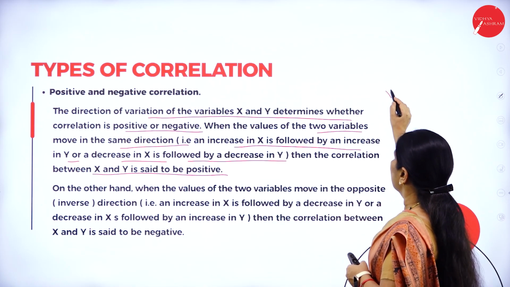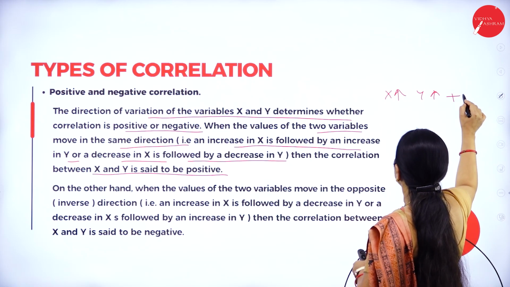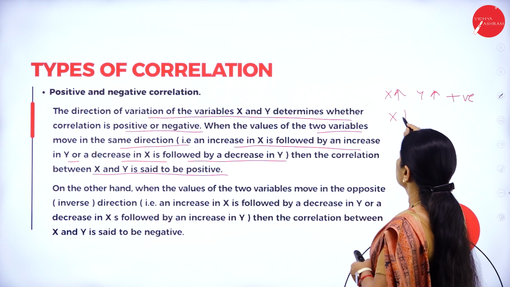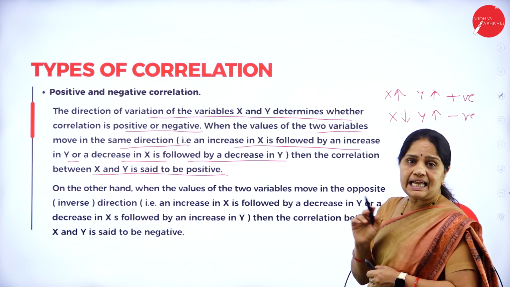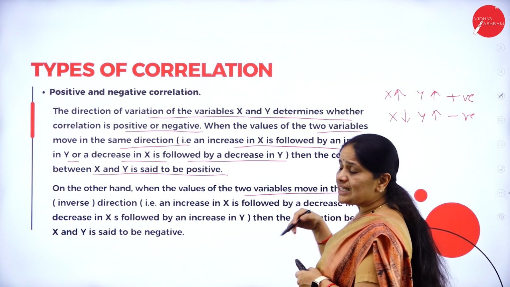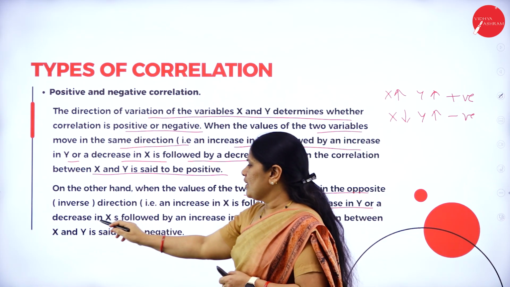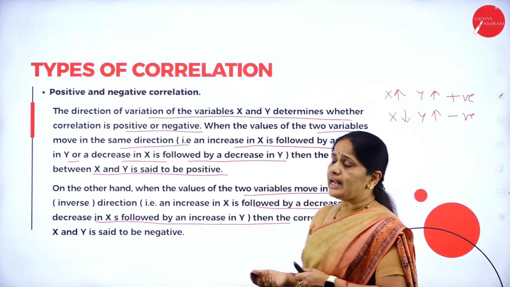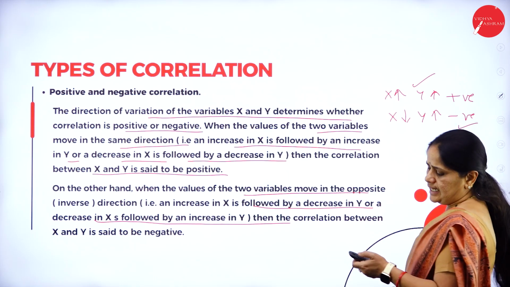Suppose if x increases, y also increases, then we call it positive correlation. When the values of the two variables move in the opposite direction, that is, an increase in x is followed by a decrease in y, then the correlation is said to be negative. So, this is positive, this is negative.